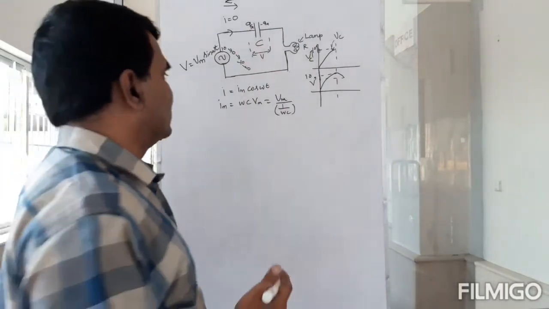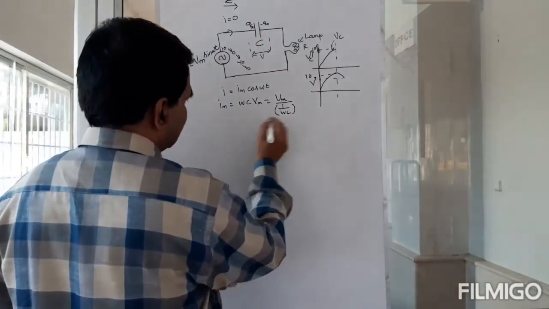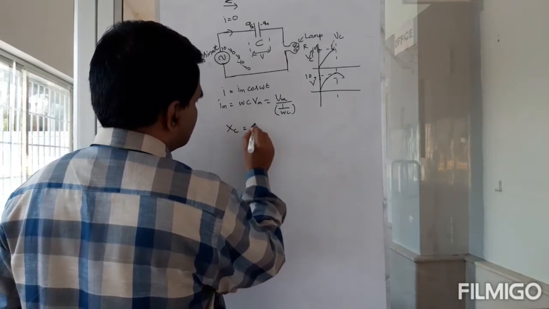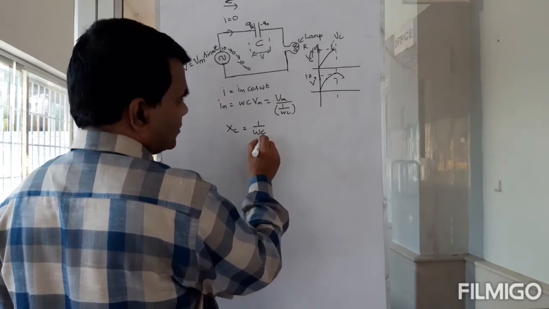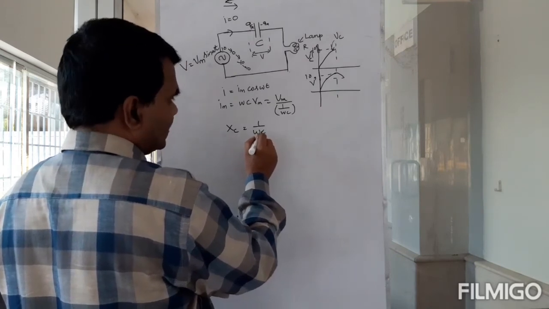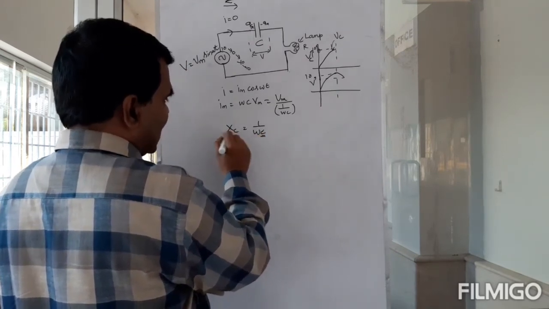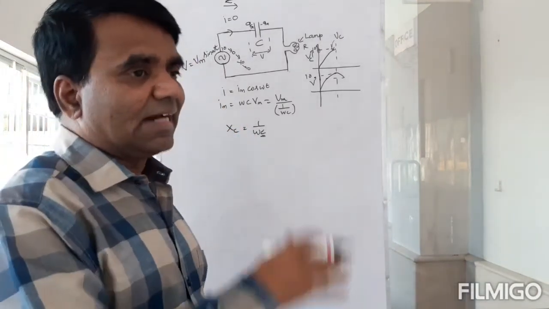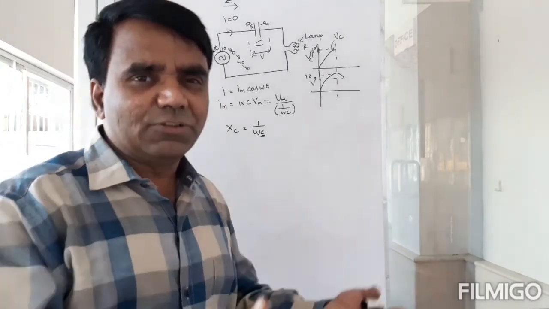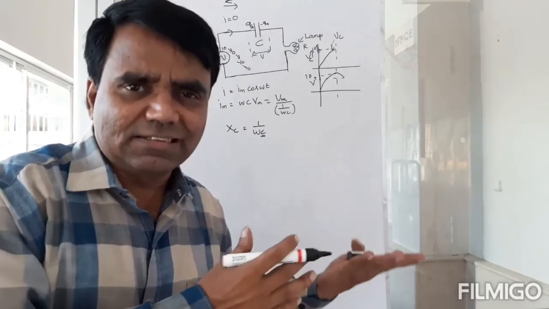The other way of saying this: let's take Xc. Xc is 1 by omega C, right? So if C is reduced, then this will increase. The capacitive reactance will increase. If the reactance increases, the current will reduce, right? Reactance is like resistance, I told you.